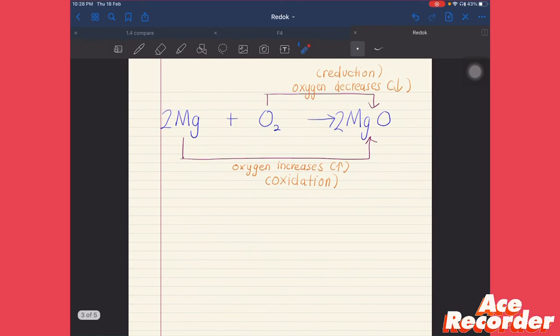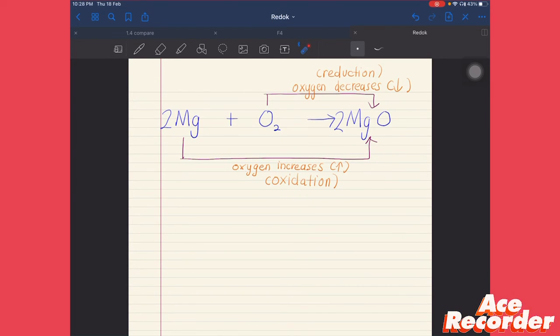Okay. Hopefully, you are able to understand it. I put a few new terms for you to remember. Even though you understand the concept, we have a few additional terms that you have to know. Listen to me. This magnesium is the one that undergoes oxidation.